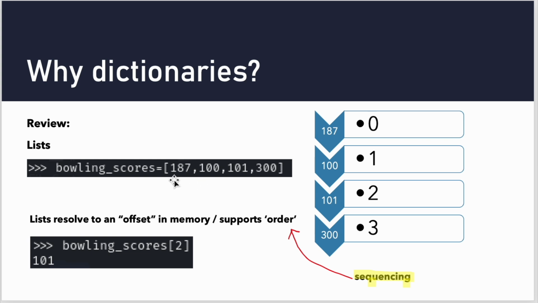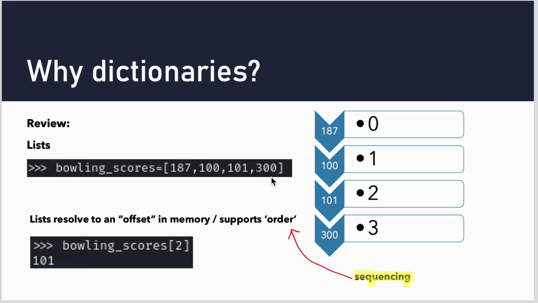So for example, in this list of bowling scores, we have 187, 100, 101, and 300. So that could be one person's bowling score. Maybe he started off okay, then he got tired and he faltered, and then the next frame he didn't do much better, but in the final frame he figured it out and bowled a perfect game.